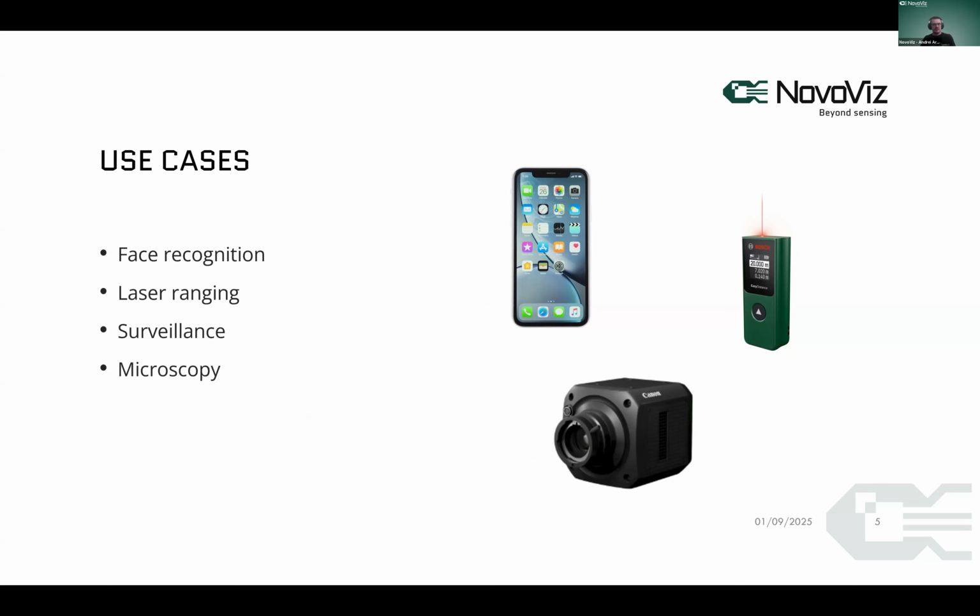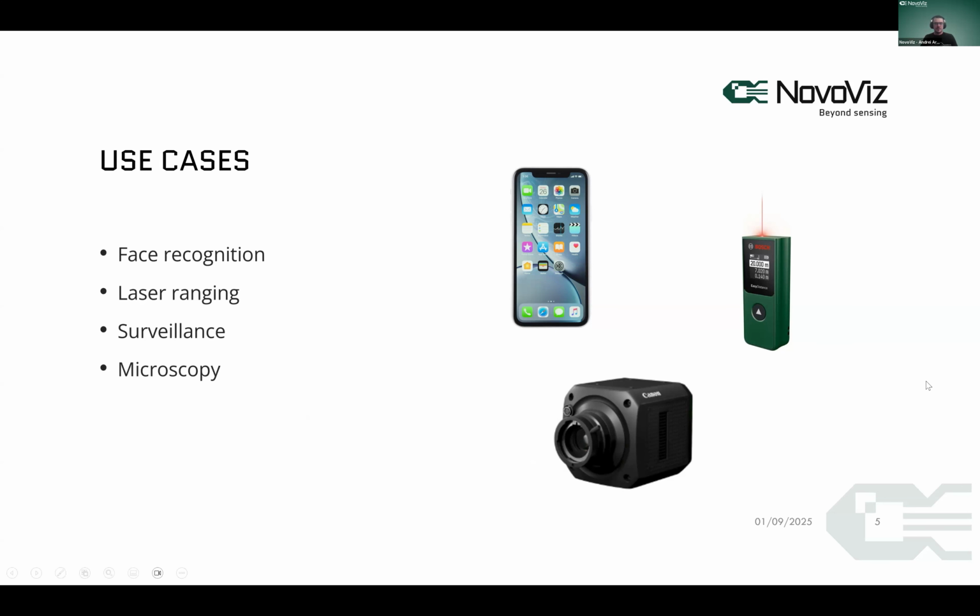And more recently, they've been used in surveillance because of their single photon sensitivity. But in this case, we lose this single photon information from the pixel, and I'll get into more detail a little bit later.